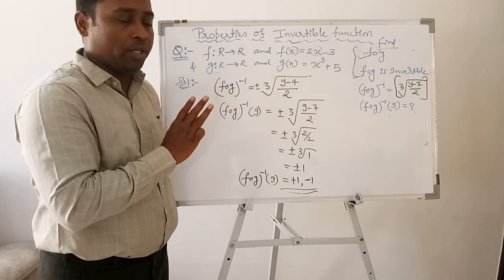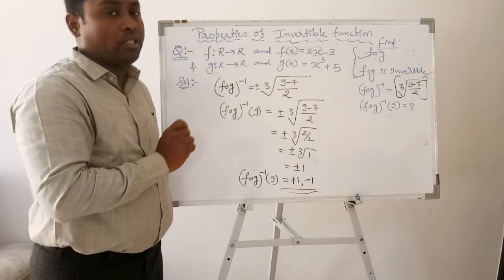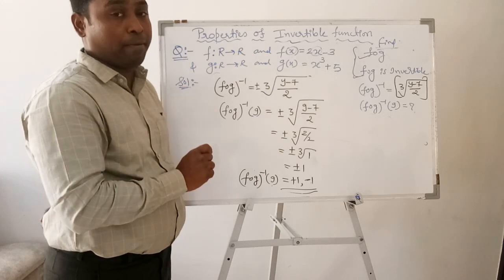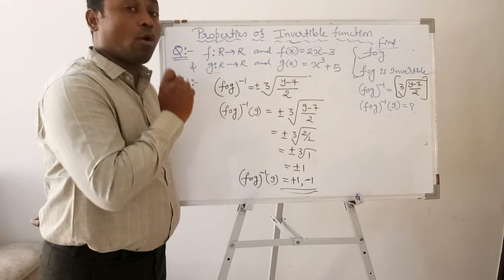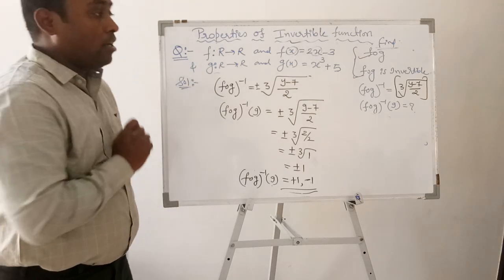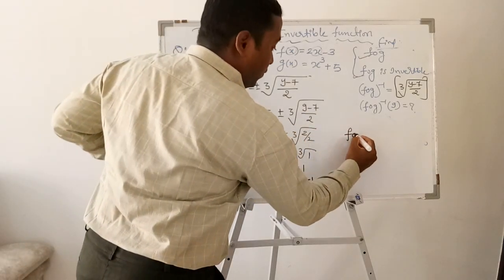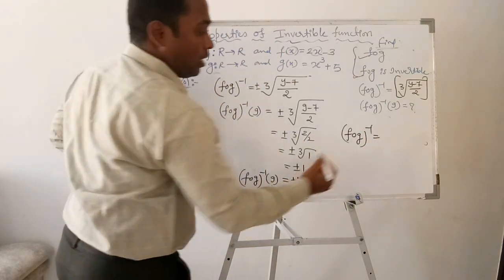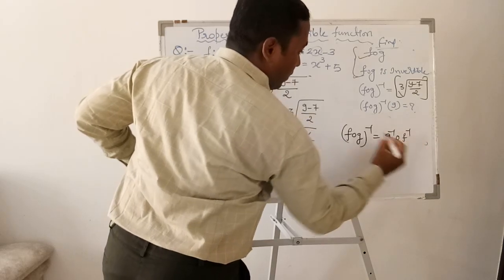The third point was, if f and g are both individually invertible functions, then their composition is also invertible. I repeat, if f and g are both invertible functions, then their composition is also invertible. Hence, (f circle g) inverse is nothing but simply g inverse circle f inverse.